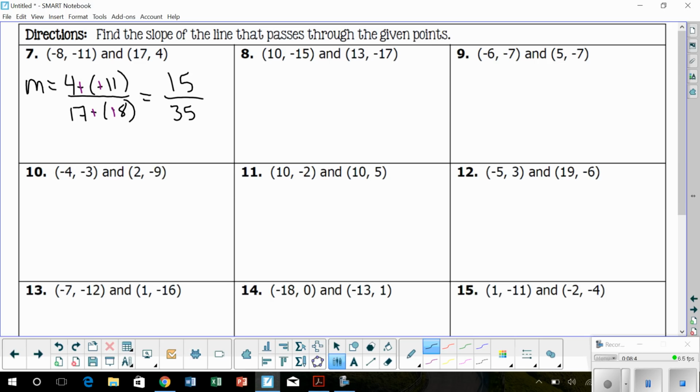Did I make a mistake? No, that's positive. Okay, yeah, it's 25. I thought it was a 13 there, or an 18. That's not good. We can reduce this by 5. So we know that the slope is going to equal 3 over 5. Okay? All right, why don't you try the rest and then come back for the answers.